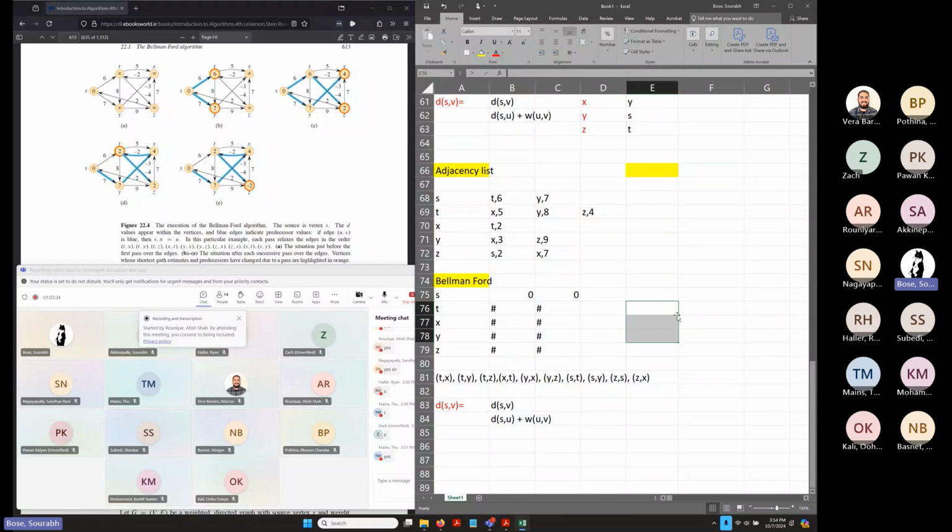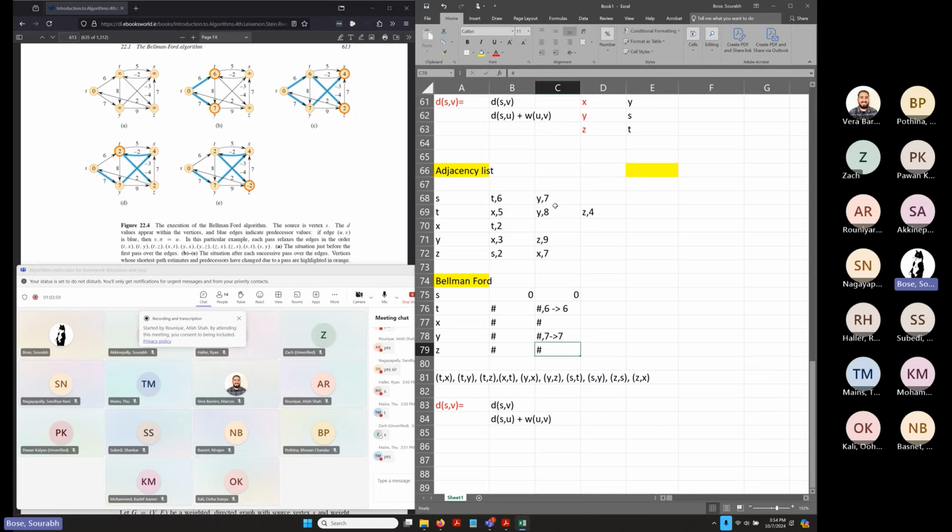T is currently infinity. We are offering 0 plus 6, which becomes 6. Now we are doing S to Y. S to S is currently 0. S to Y is 7. So we are offering 7, and this becomes 7.